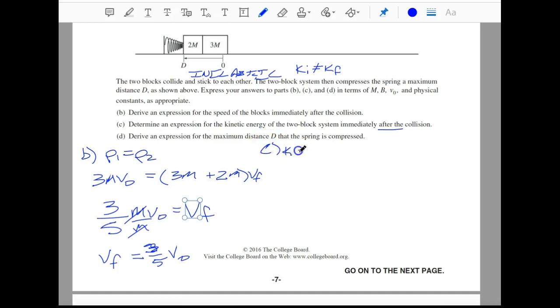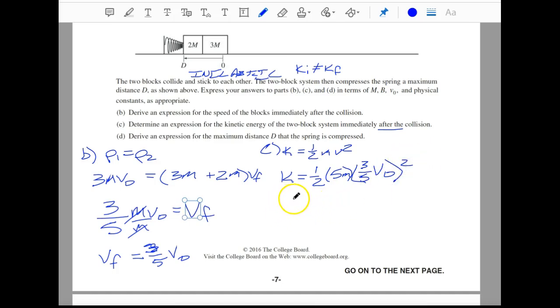We know K is equal to 1/2 mv squared. They just want it after, so here we're going to do kinetic energy is equal to 1/2. Remember we said that the total mass is 5m, or 3m plus 2m, and then our final velocity here is 3/5 v0, so this would be 3/5 times v0 squared.